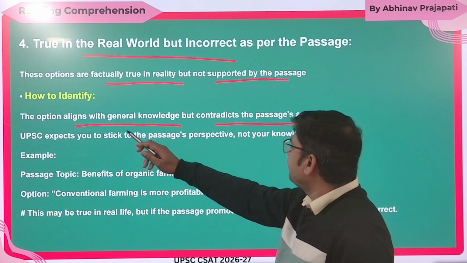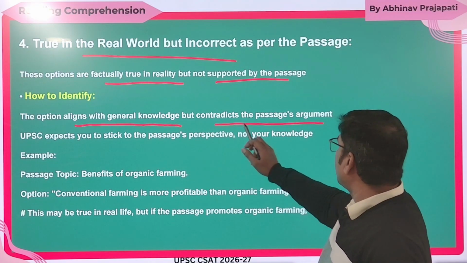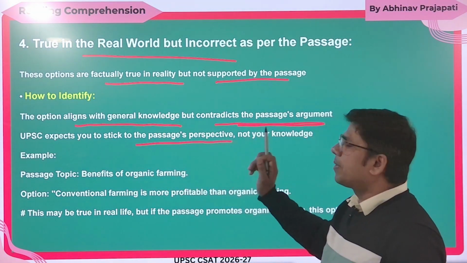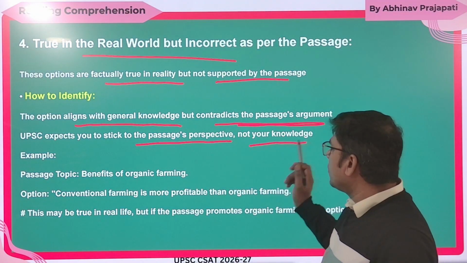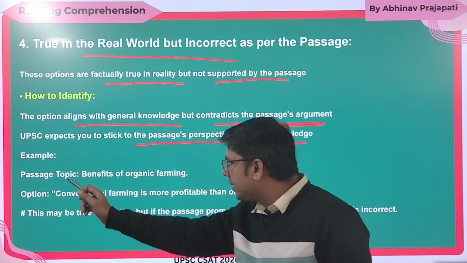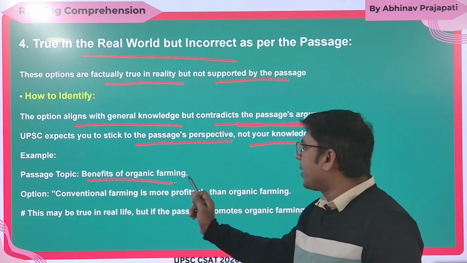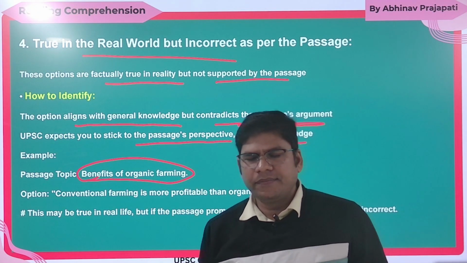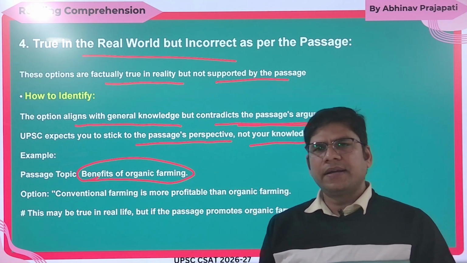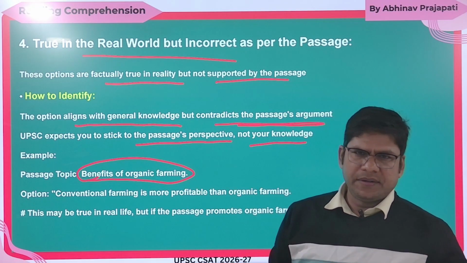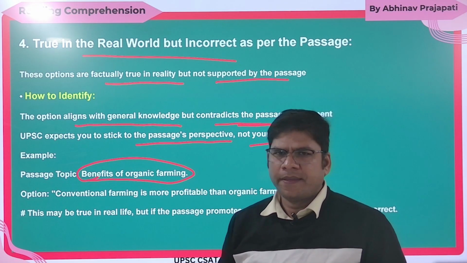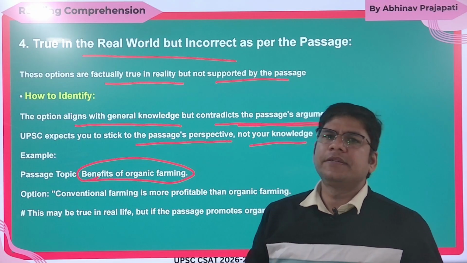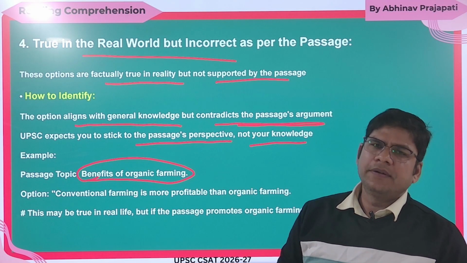So it is not general knowledge but what the passage says. UPSC expects you to stick to the passage's perspective only, not your knowledge. If you see a passage with the heading benefits of organic farming, the author might have discussed many kinds of benefits and the potential of organic farming.